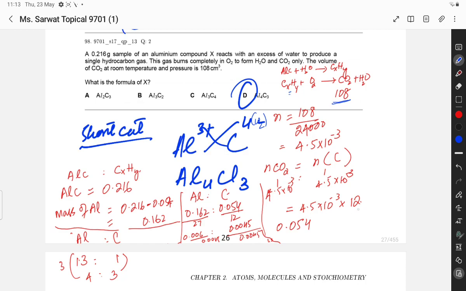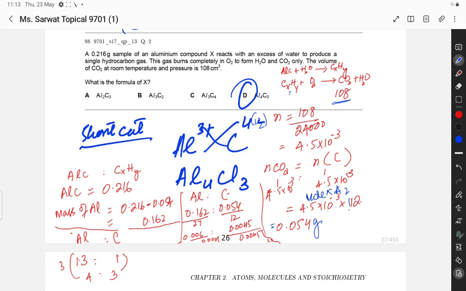So the mass of carbon is 4.5 × 10^-3 × 12 (mole into Ar). We get the mass of carbon as 0.054 gram, and we know that 0.216 gram is the mass of the aluminium compound.